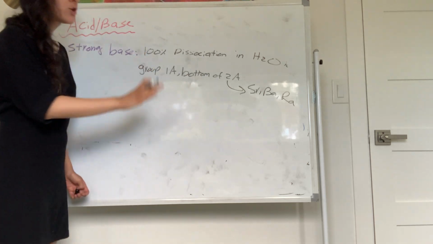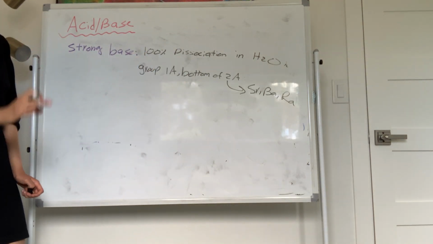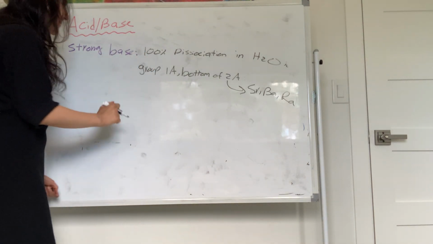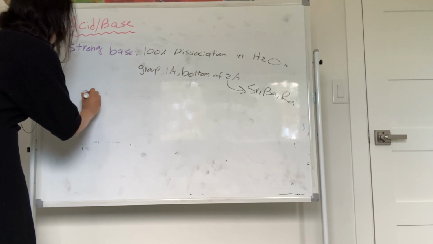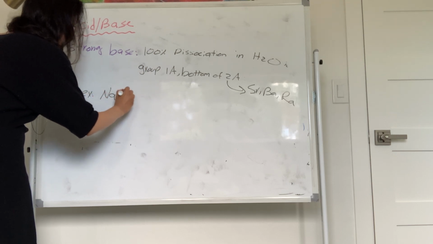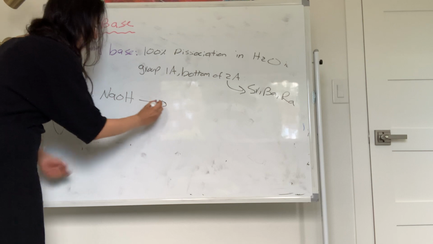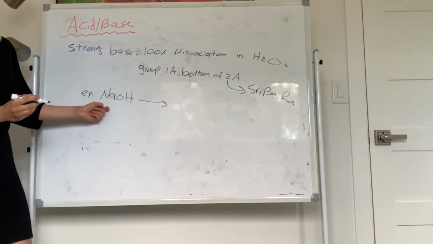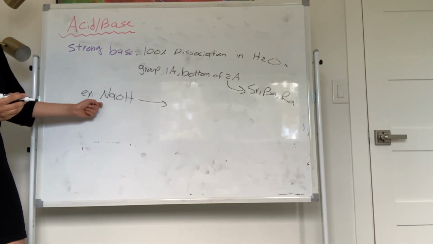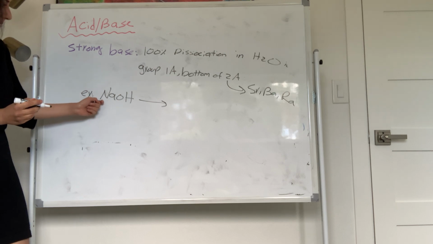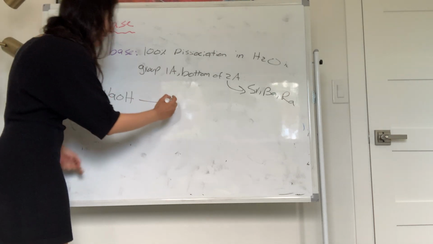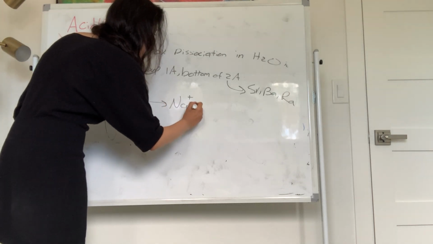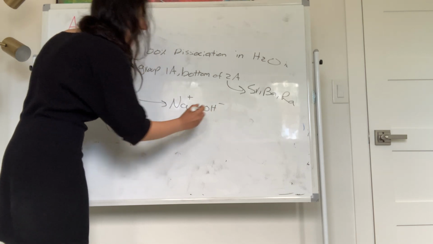If you have those next to an OH, those are considered strong bases. For example, NaOH. Na is a metal in group 1A, do you agree? So that's a strong base. It will break up into Na plus and OH minus.